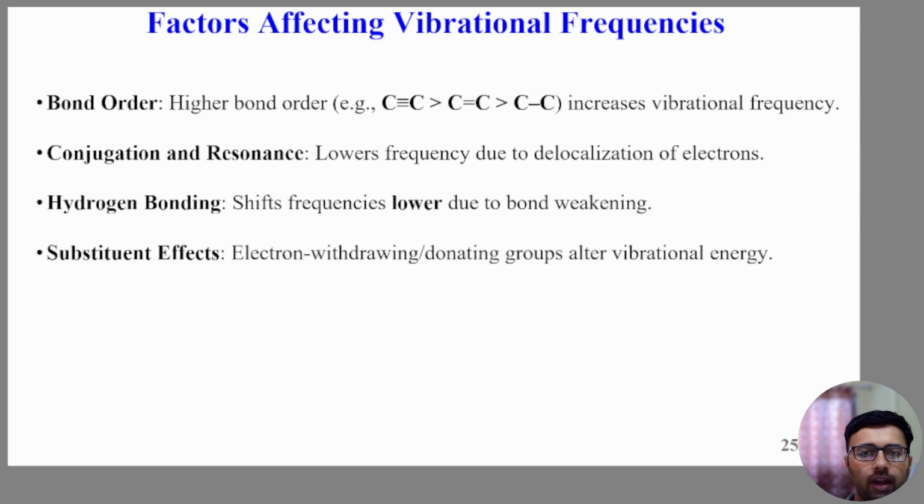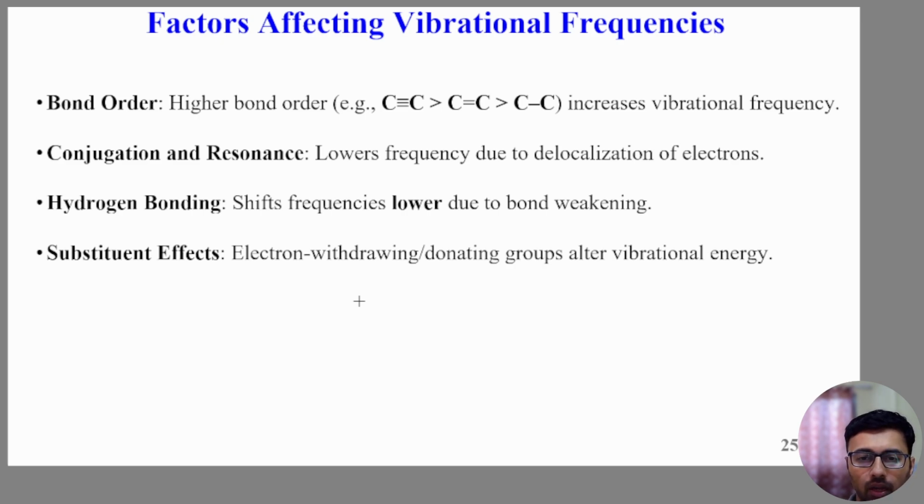The first factor is bond order. This is the most direct application of Hooke's law. As the bond order increases, bond strength increases. A stronger bond behaves like a stiffer spring, and stiffer springs vibrate at higher frequencies. For example, a carbon-carbon single bond is relatively weak.